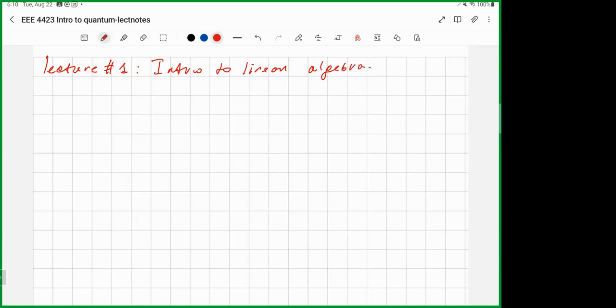And today, we're going to discuss the concept of a linear vector space.